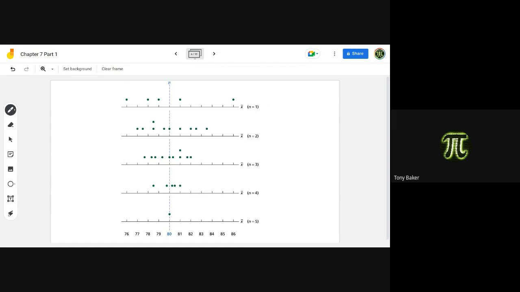So what term do we talk about in terms of spread? What's the thing that talks about spread? Nope, median's in the middle. Standard deviation. So as my sample size gets larger, my standard deviation gets smaller because they're more compressed.